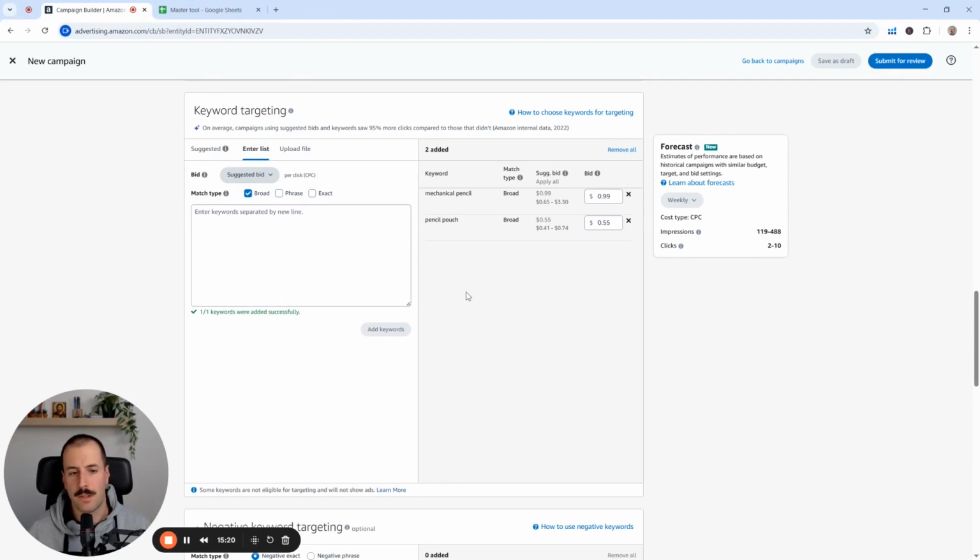I would never increase or decrease by more than 5 cents, because I've seen, especially with the decrease, if I go higher than that, like decrease by 10 cents, 20 cents, 50 cents, $1, then I see a huge drop in traffic. But if you do it in small steps, then it's much better and much more controlled.